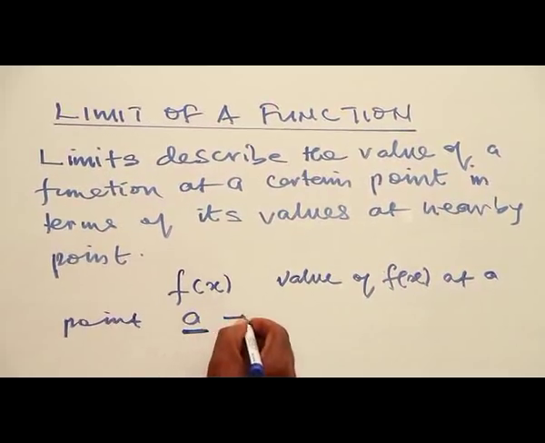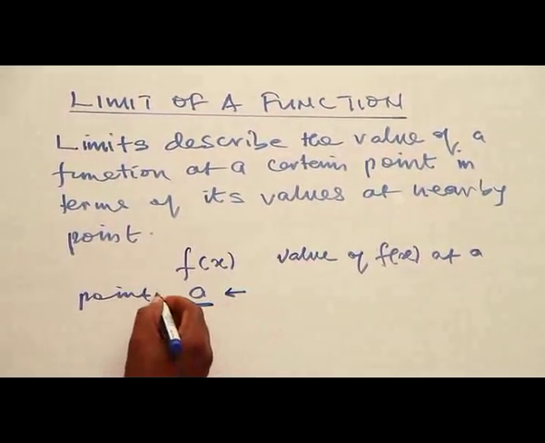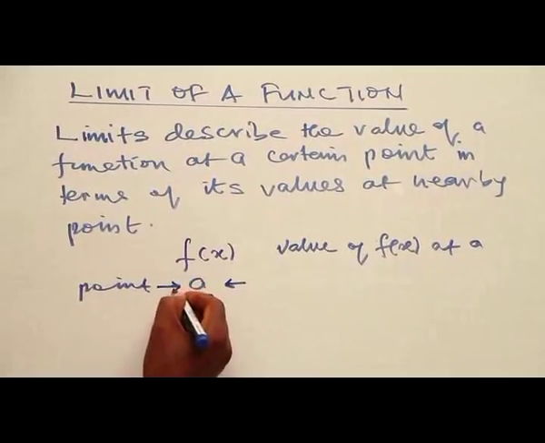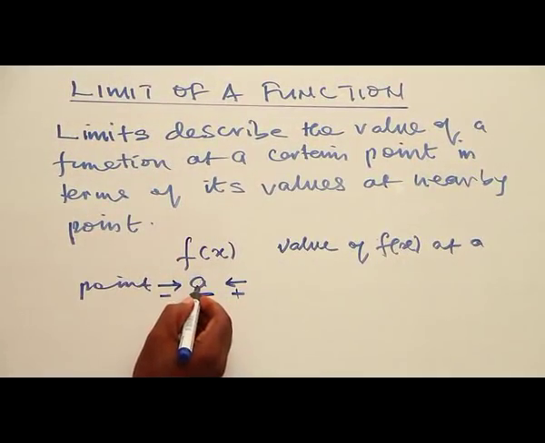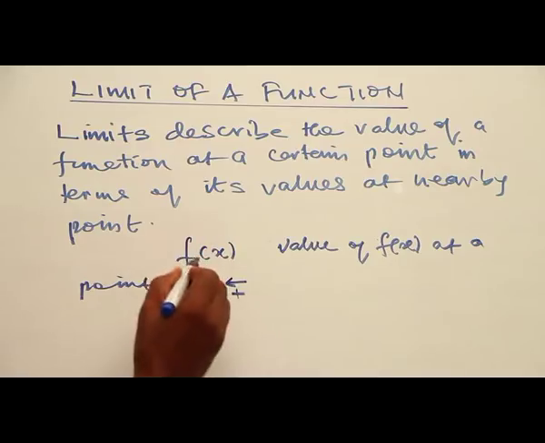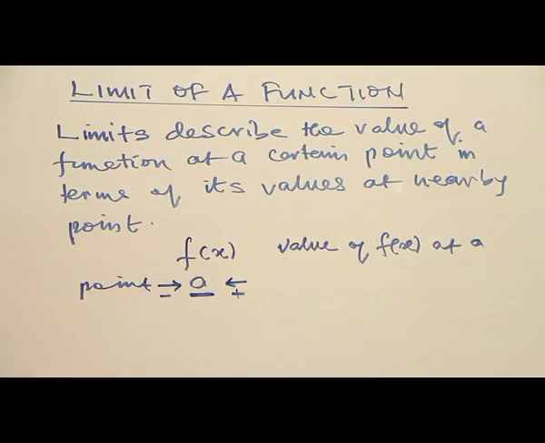At a point very close to A from the right and very close to A from the left. Not exactly on A, but very close to A, both from the right and from the left. We want to determine the value of this function.